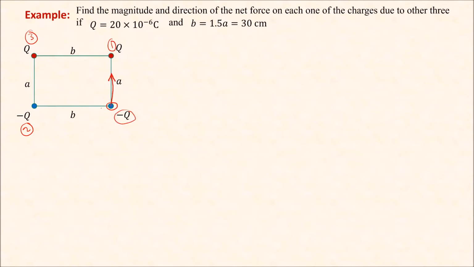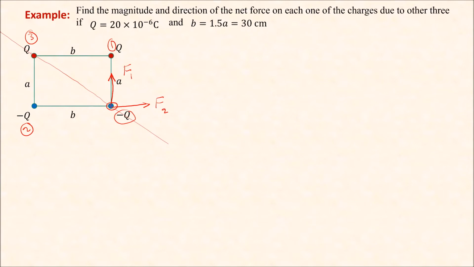And what is the force of 2 on that? This is a repulsive force because both of them are negative, so on this negative Q on the right, it would be to the right because it's away from the other one. So this is F1, this is F2, and F3 is along the line connecting the two charges.